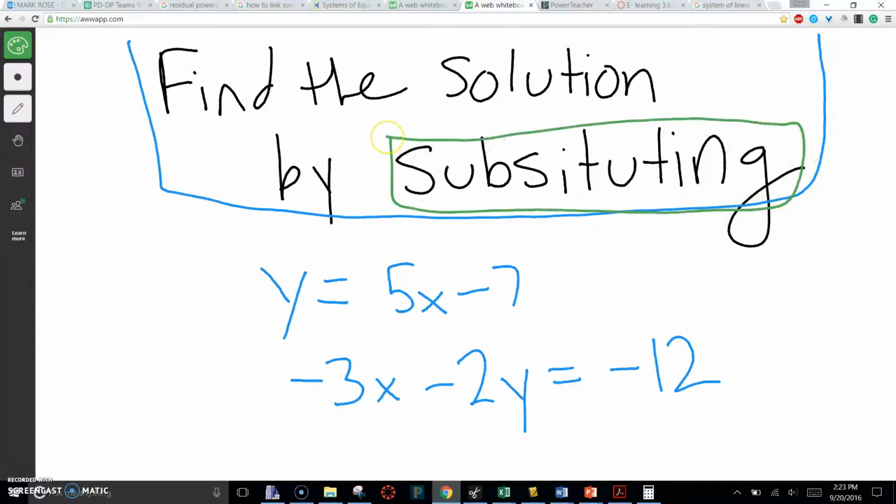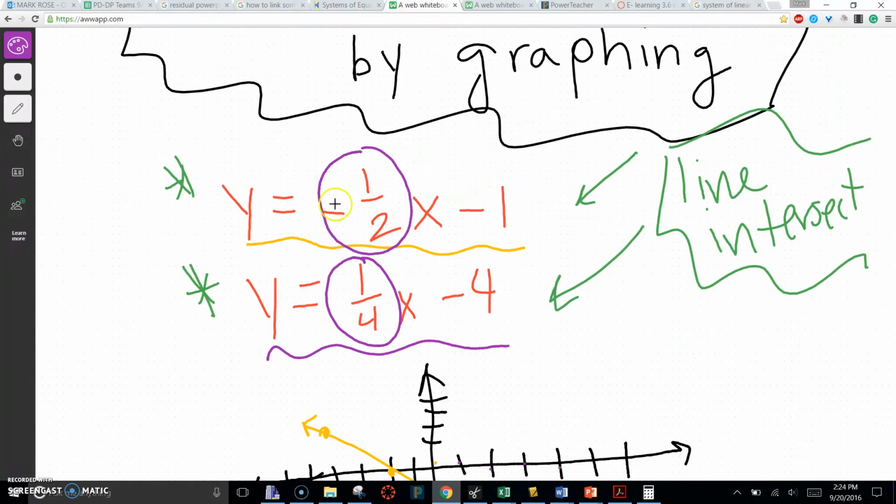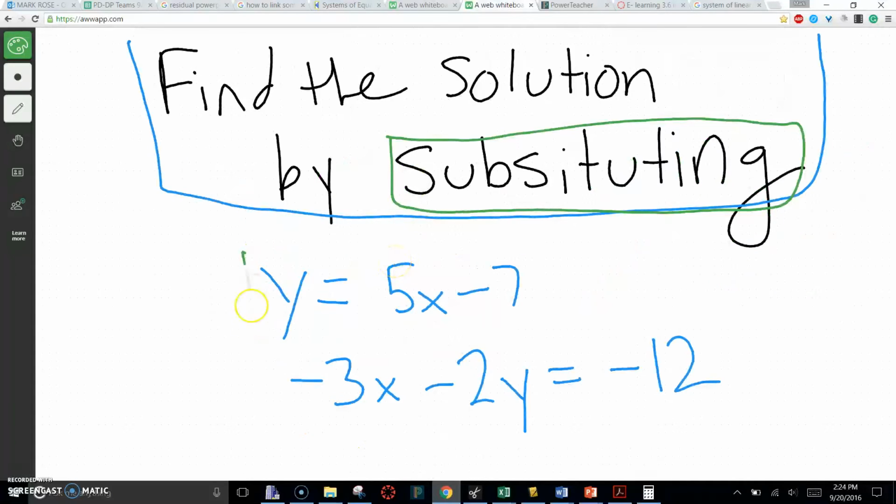Here's how substitution is a little bit different and when I want to use it. Notice in our last case, if I just go back here for a second, we had both y's equaling things. And this time, I only have one y that equals something. So this is when substitution would be better.